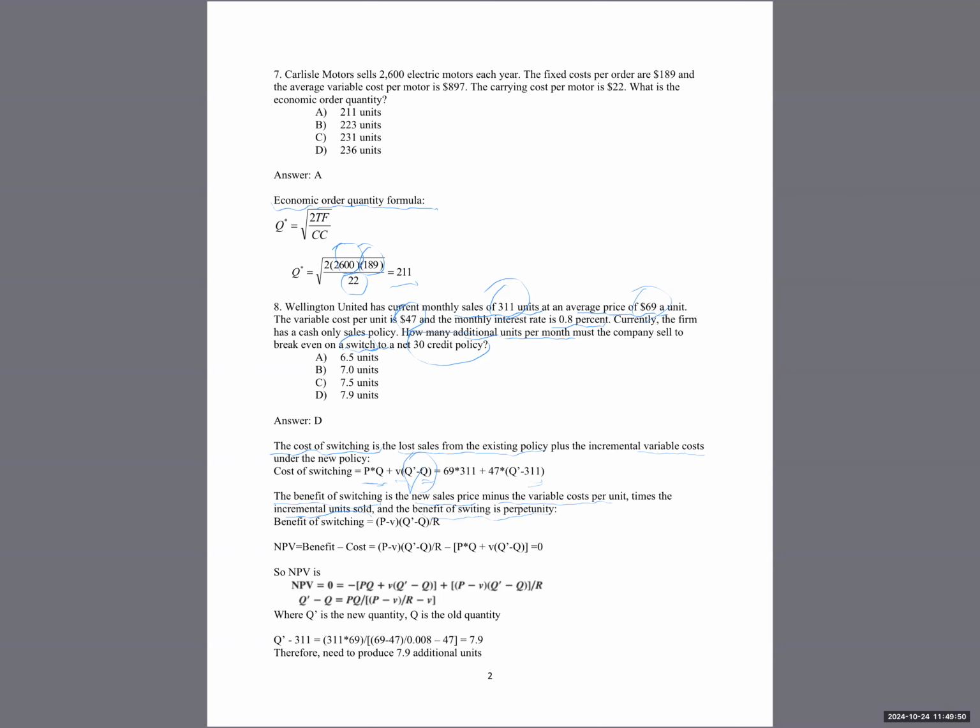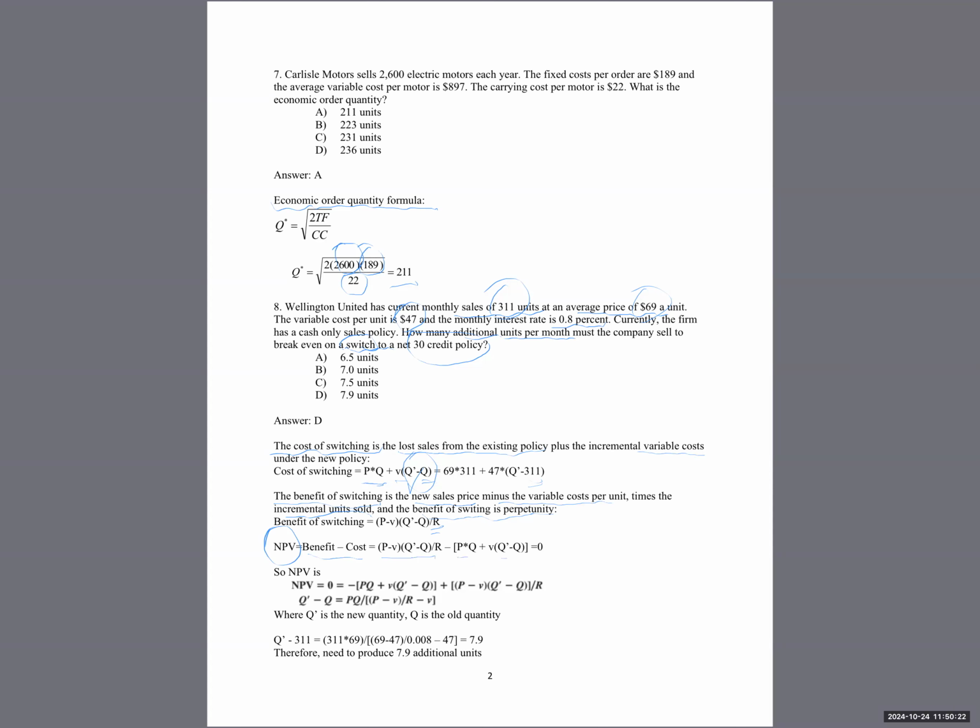So the formula is P minus V, the variable cost, times the difference between the new quantity sold and the current sales, over R, because it's a perpetuity. Once we figure out the cost and the benefit of switching, the NPV, net present value, is the benefit minus the cost.